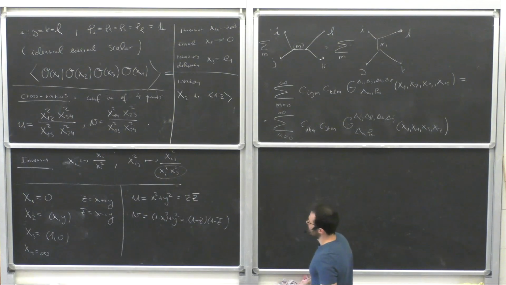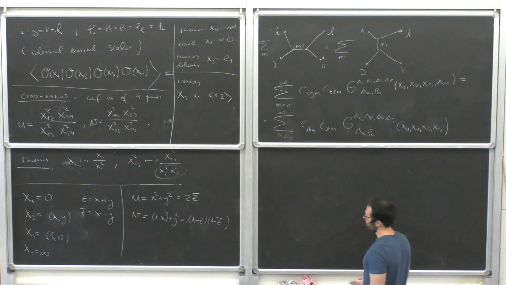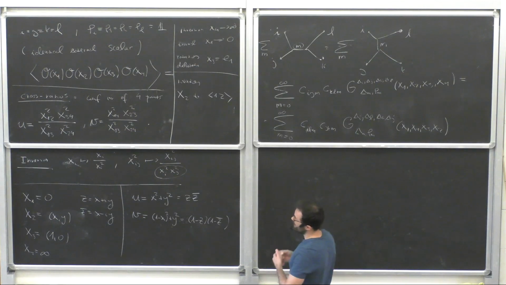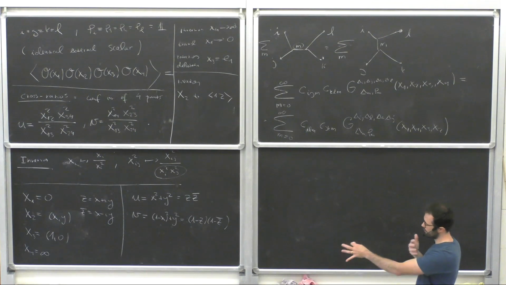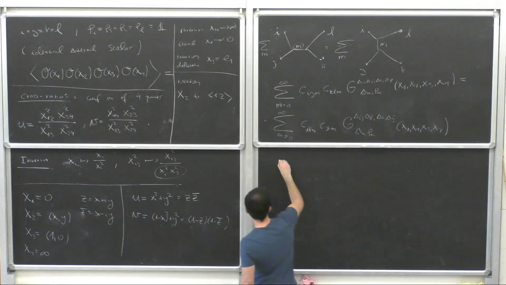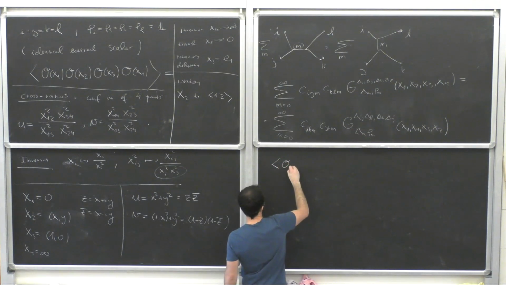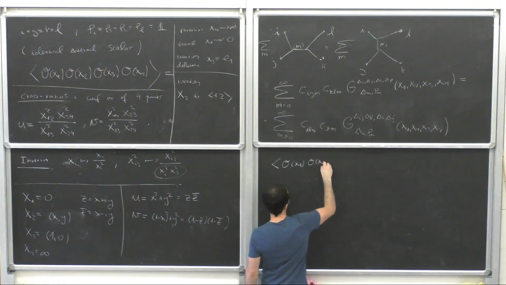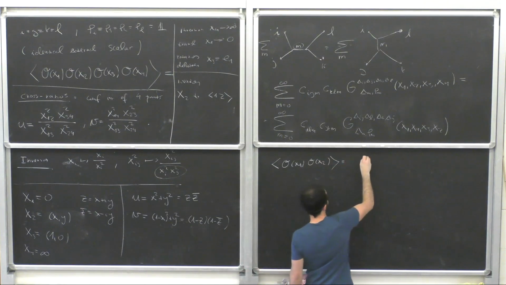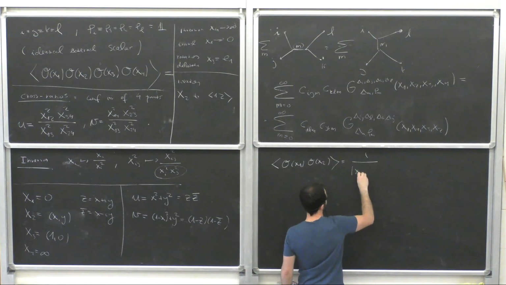All right, and now let's think about the 4-point function. The 4-point function is not quite invariant under these conformal transformations, but it should transform in the same way as two 2-point functions, right? We know the 2-point function of 2 identical operators looks like that.